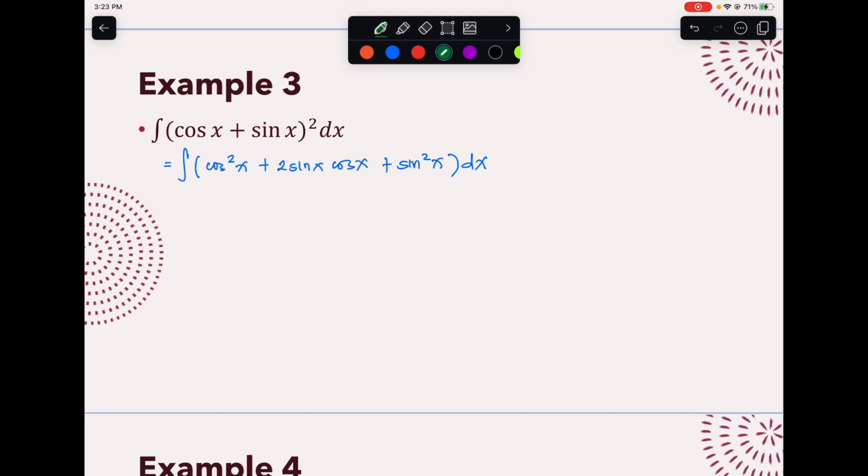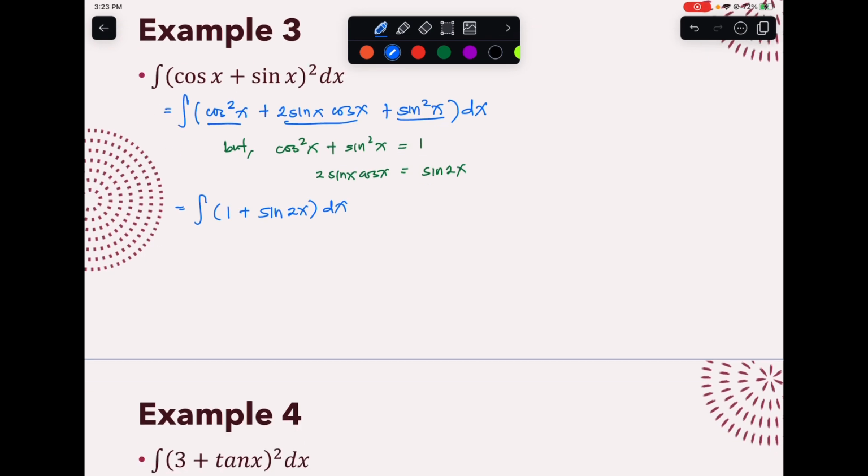Remember that cosine squared x plus sine squared x is a Pythagorean identity, which is equal to 1. At the same time, 2 sine x cosine x is the same as sine 2x. So I can transform cosine squared x plus sine squared x to be equal to 1, and 2 sine x cosine x to be plus sine 2x dx.